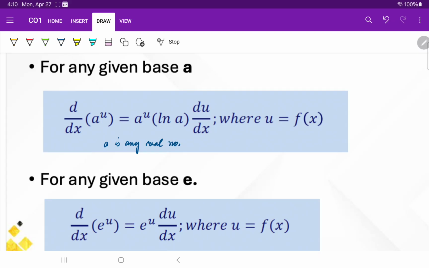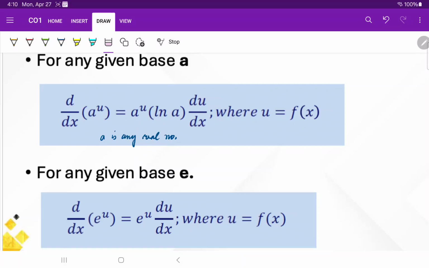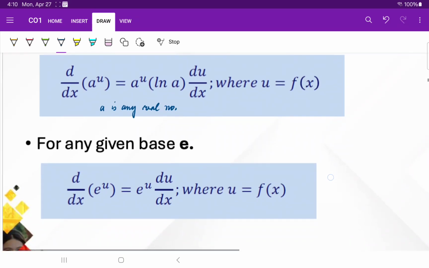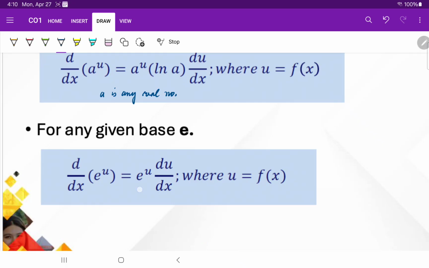Now there are times when the base a is e, and when the base is e, the derivative is e to the u du/dx. Again, u is a function in terms of x, and this e here is actually equal to 2.71, so it's a constant number.